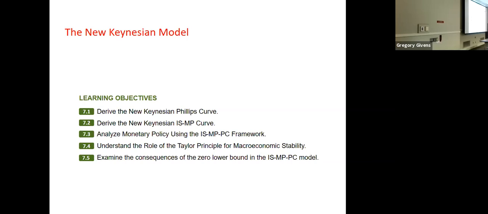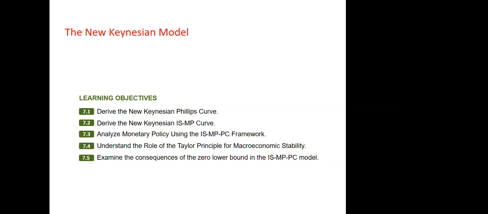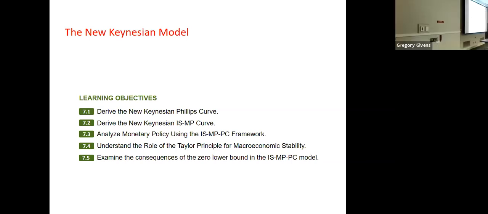But it has become clear that since the financial crisis, we've now had two episodes where we've come into contact with the zero lower bound. After the financial crisis, and then once again during this pandemic-related recession, interest rates are basically pegged at zero again.